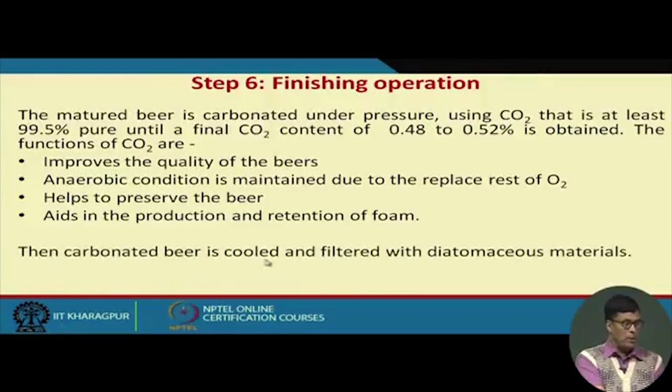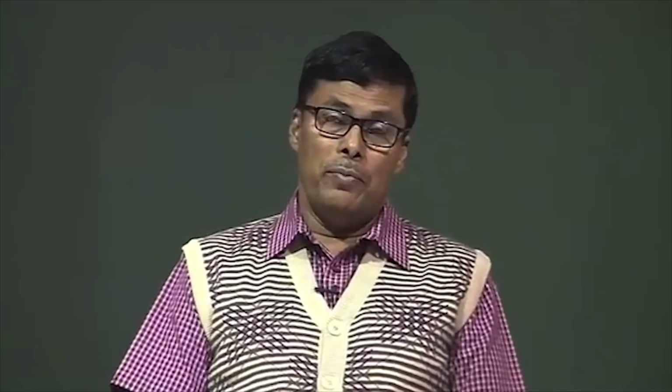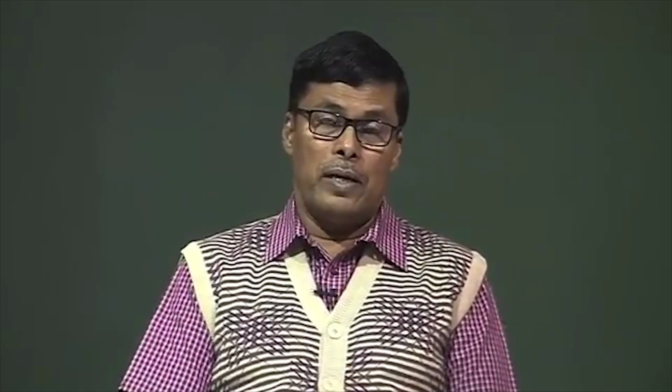Then the carbonated beverage is cooled and filtered with diatomaceous earth, because let me point out, sometimes we find some kind of fine particles present in the beer, and these are removed by using some filter aid. The filter aid, I mentioned before also, is largely used in different chemical and biochemical industries. Particularly, in chemical and biochemical industries we use activated charcoal, which is very fine particles.